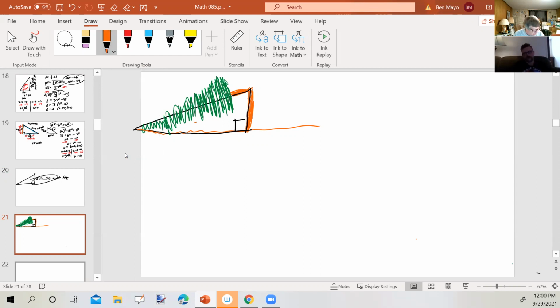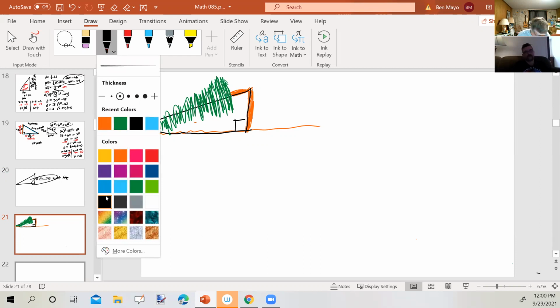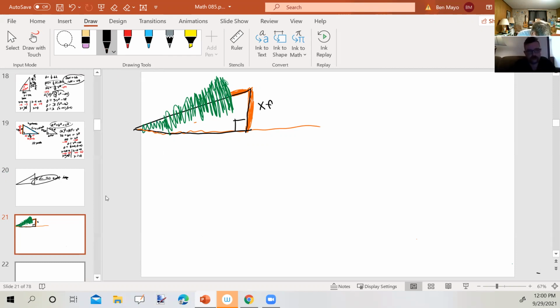Okay, now we are given the following information. We're told that this is X feet, that this is X plus 4 feet, and that this is X plus 2 feet. So this triangle that's formed with the ground, the piece of the trunk that's still standing, and the busted piece of trunk looks like this, okay? Now, which is the longest side?